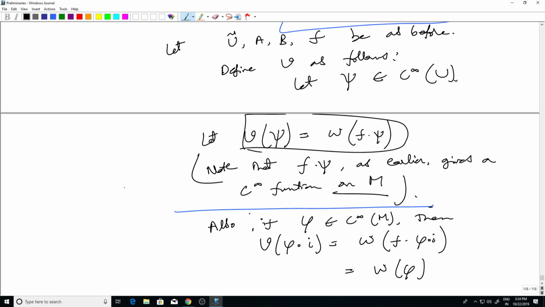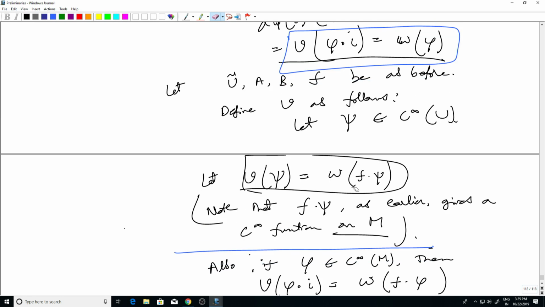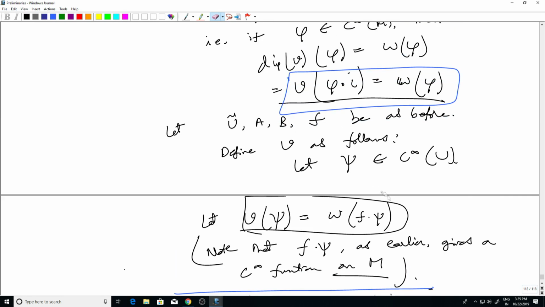Here I started with C, so the I does not occur anymore. It's a slight notational change, because the question of putting an I occurs only when you have a globally defined function.